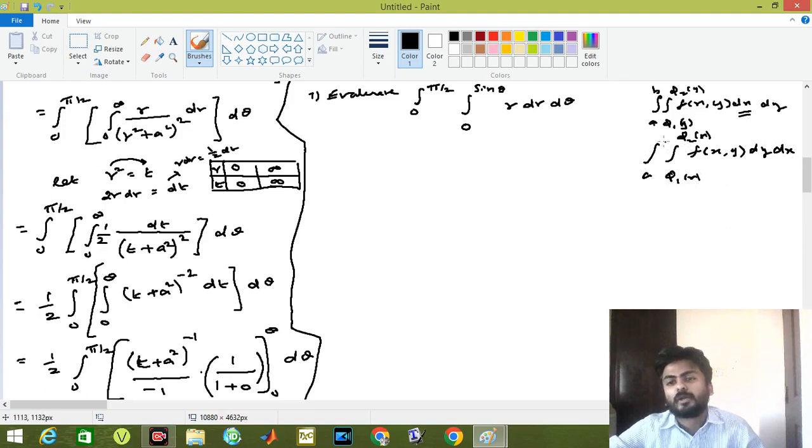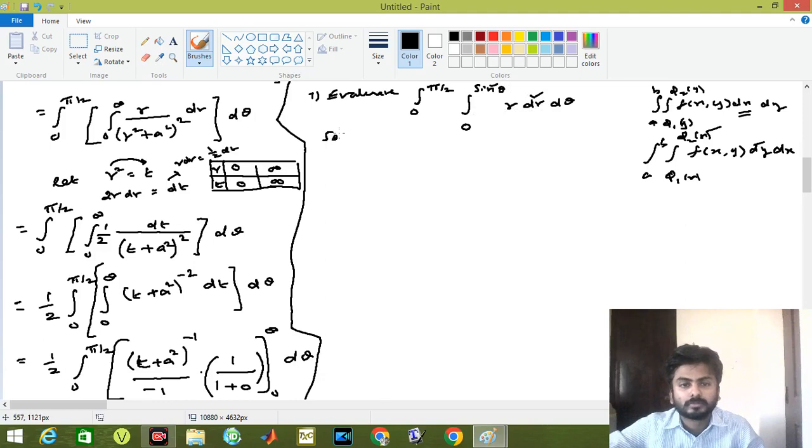Here you may have a to b. So if the limits are with respect to x, the first integration should be with respect to y. In the same way, if the limits are with respect to theta, the first integration should be with respect to r. If they are constant, the first integration is with respect to theta. So here it is already in correct form.